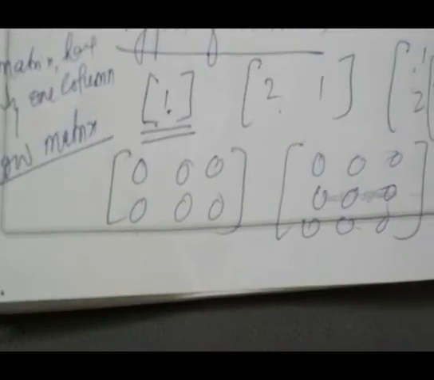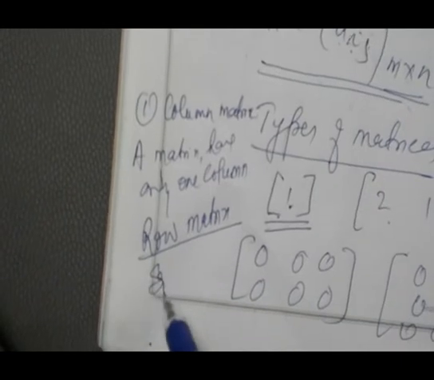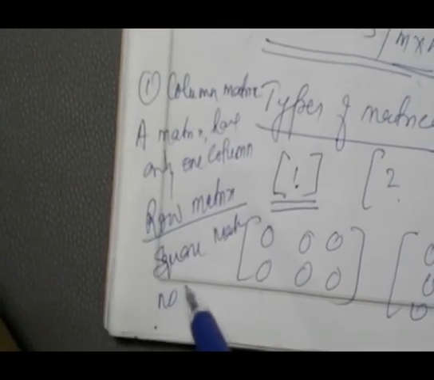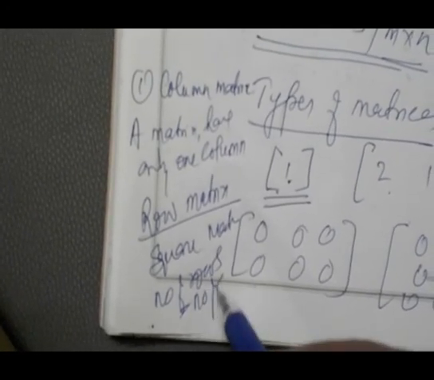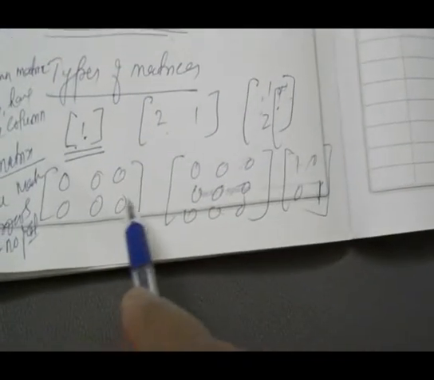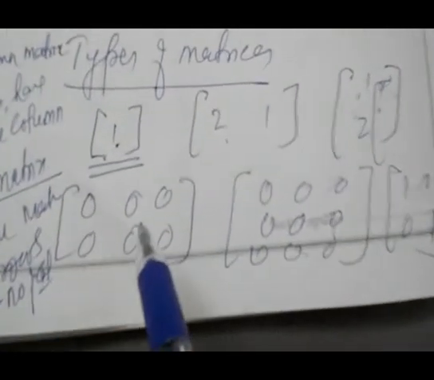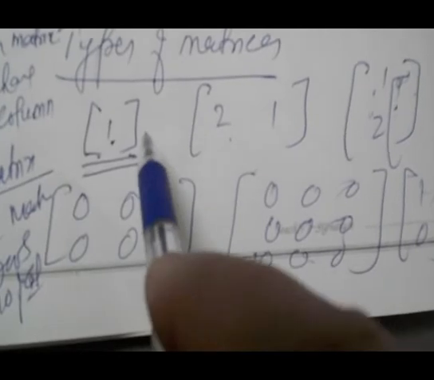The second one is called a square matrix. A square matrix is what? If the number of rows is equal to the number of columns, then it is called a square matrix. Now in these examples, which one can be said to be a square matrix? Can I say this is a square matrix? Yes, because it has one row and one column.